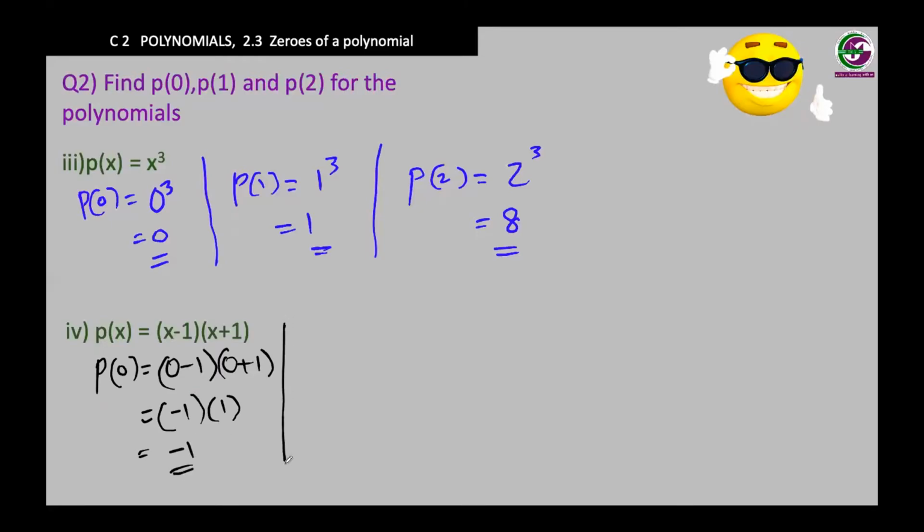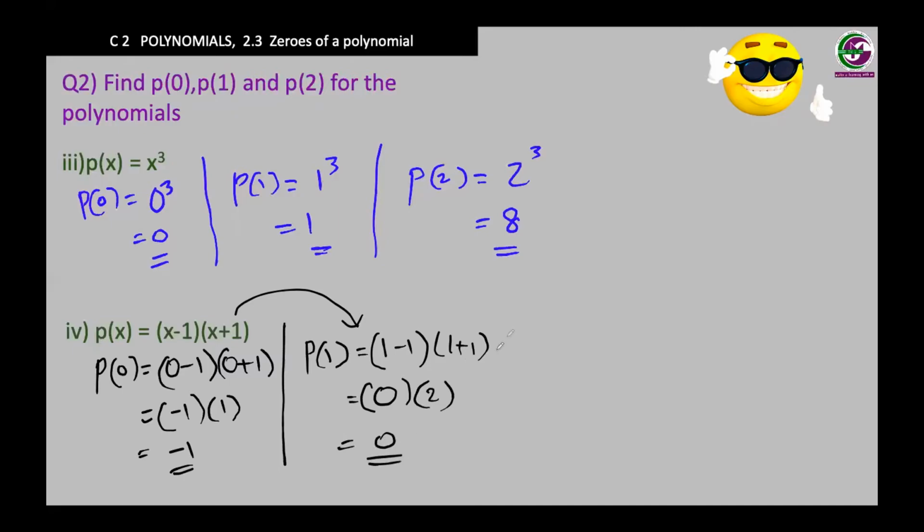Now we have to replace by 1. So P(1) is equal to (1 − 1)(1 + 1). 1 − 1 is 0 in the first bracket and 1 + 1 is 2 in the second bracket. Anyway, your answer will be 0 because 0 multiplied by any number is 0.